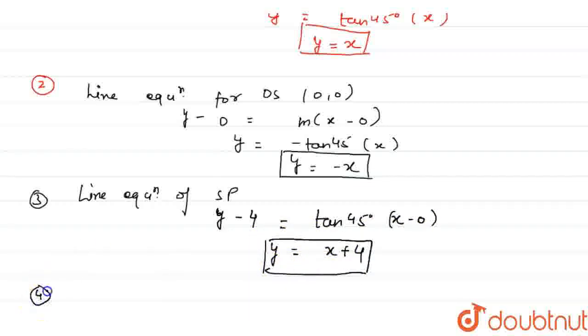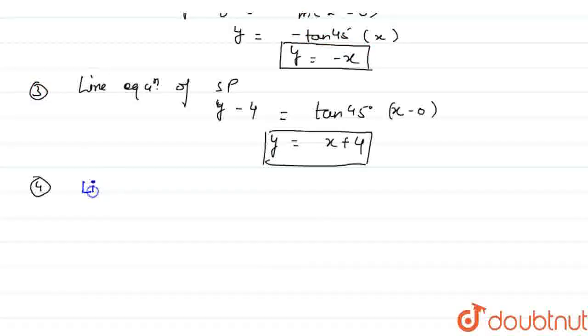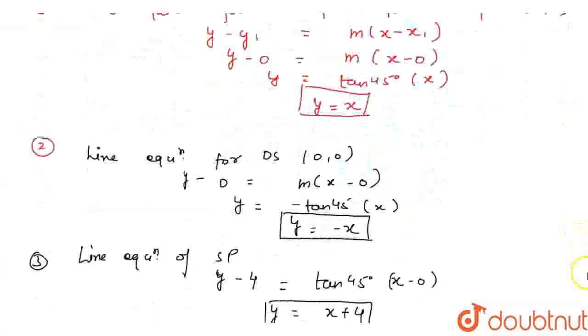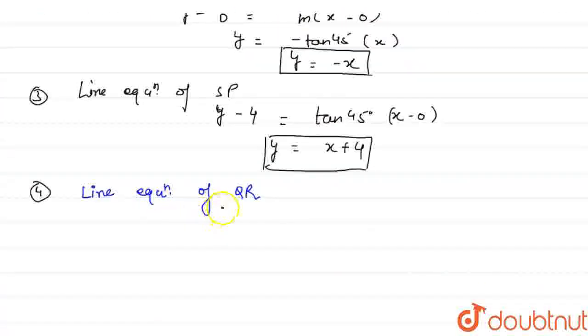Now come to the fourth one, the line equation of QR. See, this QR is passing through Q, which is this, right? So the coordinate of Q is 4, 0, right? So this is simply passing through 4, 0. So the equation is y minus 0 is equal to tan 45.